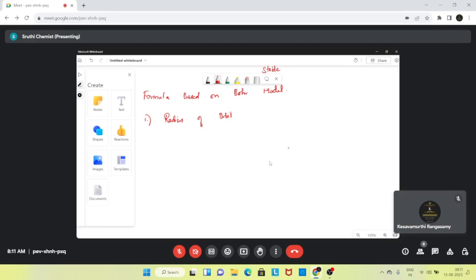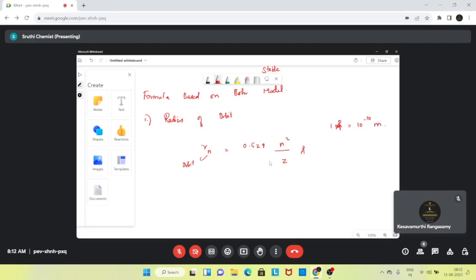So Rn, where n denotes the nth orbit, is equal to 0.529 n² divided by Z angstrom. Angstrom is a unit. You know that 1 angstrom is equal to 10⁻¹⁰ meter.